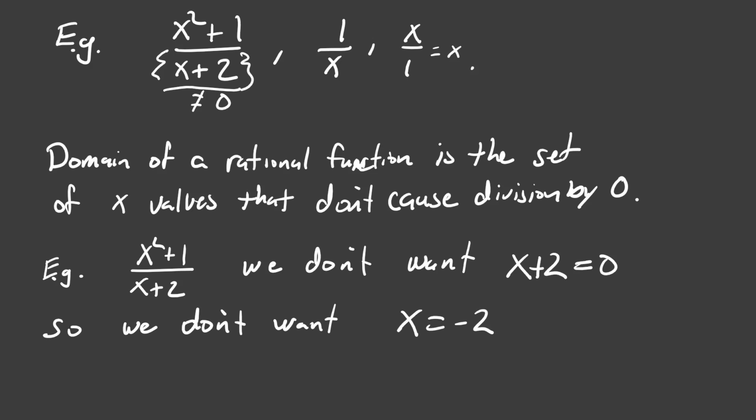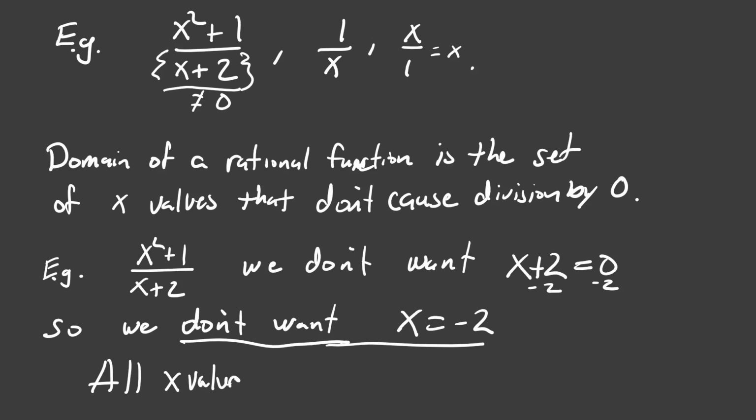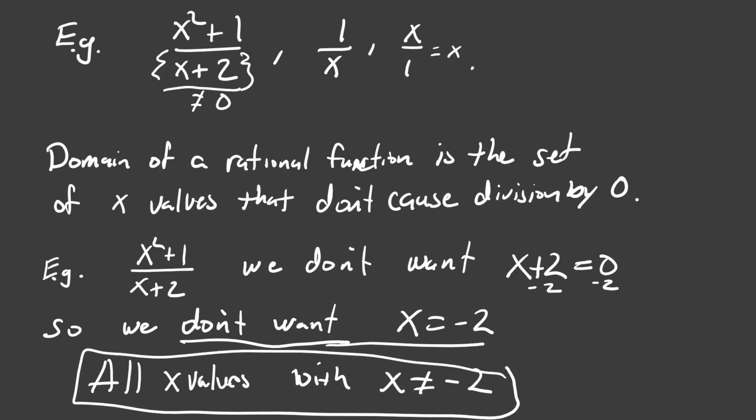If I solve this by subtracting 2 from both sides, I get x does not equal negative 2. We don't want that. So we want all x values with x not equal to negative 2. That's our domain. This is the domain of our rational expression.